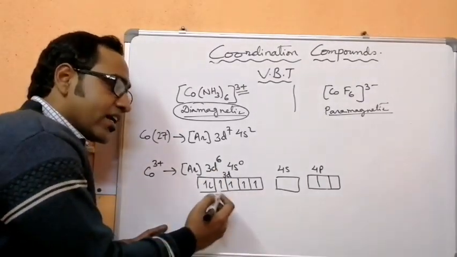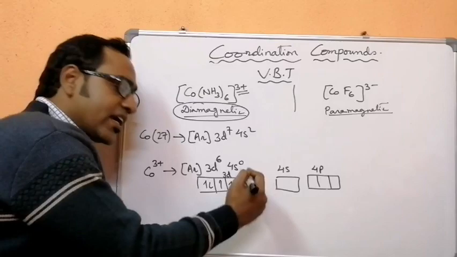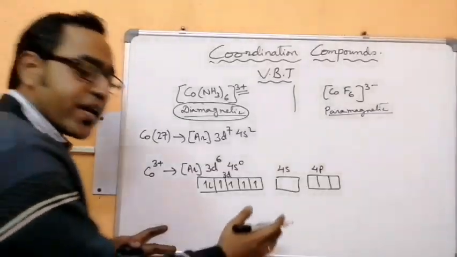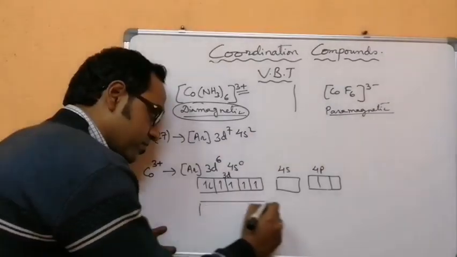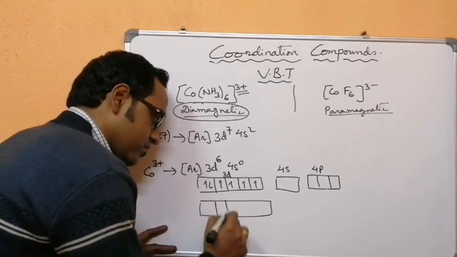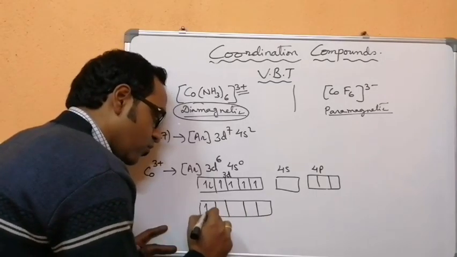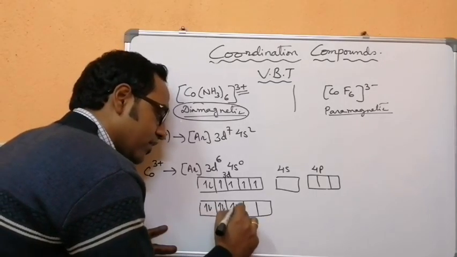Here we can see there are 4 unpaired electrons, so the next step is to pair up the unpaired electrons.